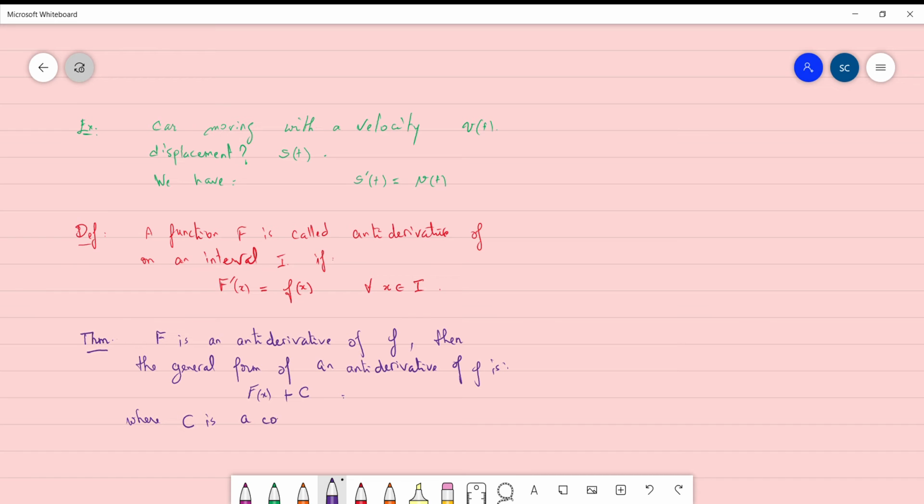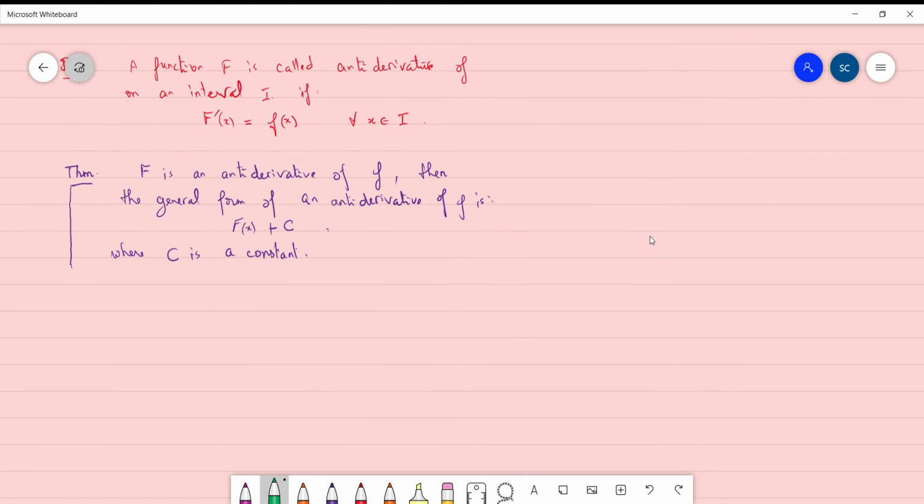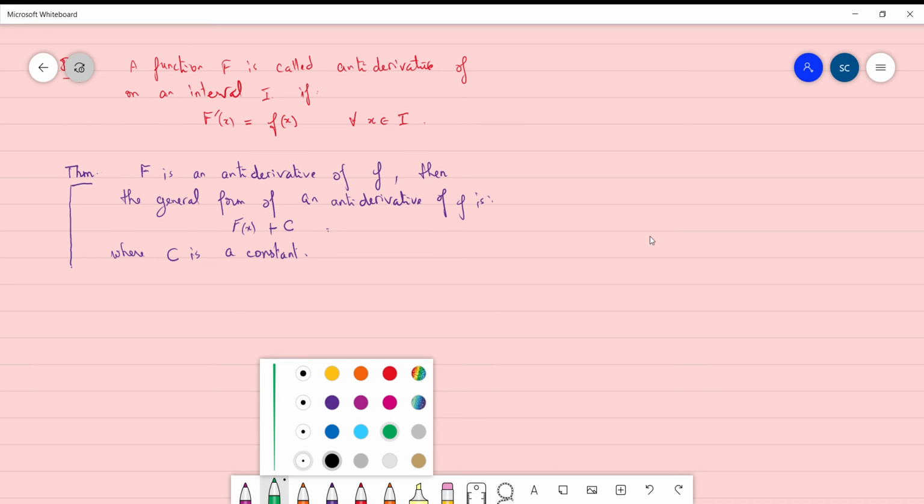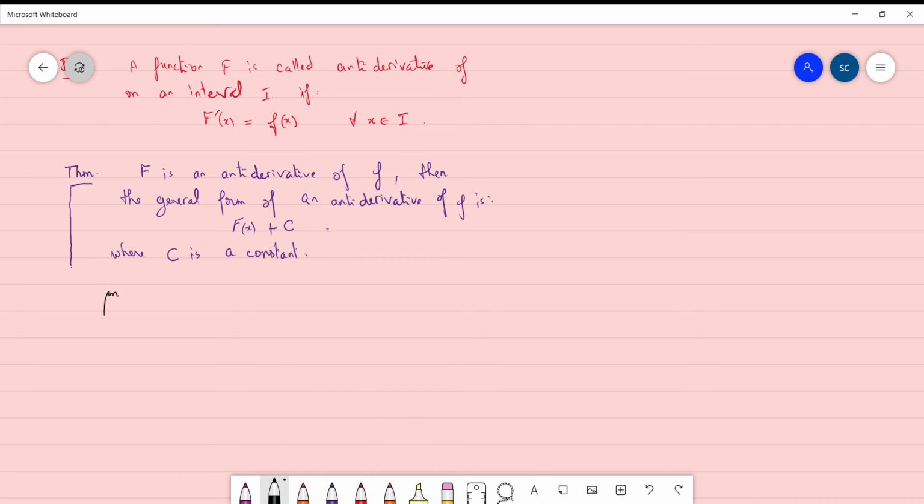The proof of this result uses something you know. Here is a small proof, just a good reminder. Suppose that G is also an antiderivative of f. That means it satisfies G prime equals f.